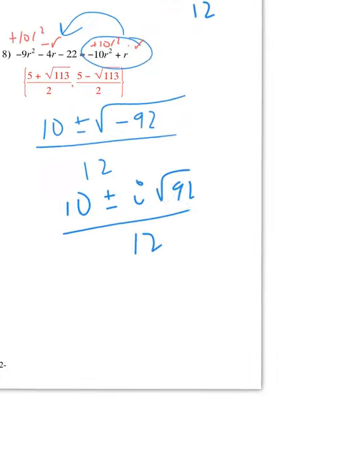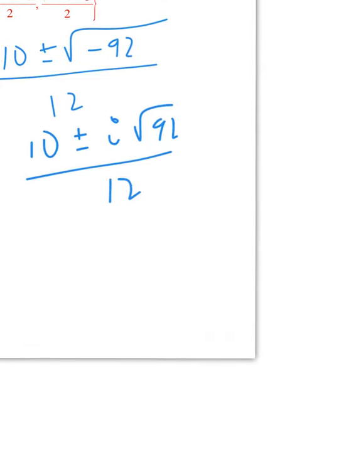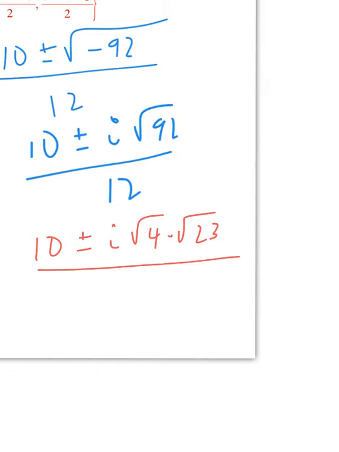Now, 92 is a pretty decent sized number, so it makes me believe that there's something else we can do with it. So we're going to try dividing it by different numbers, and guess what? It's divisible by 4, which is a perfect square. So 10 plus or minus, we have an i, the square root of 4 and 23, because 4 times 23 is 92. All of this over 12.